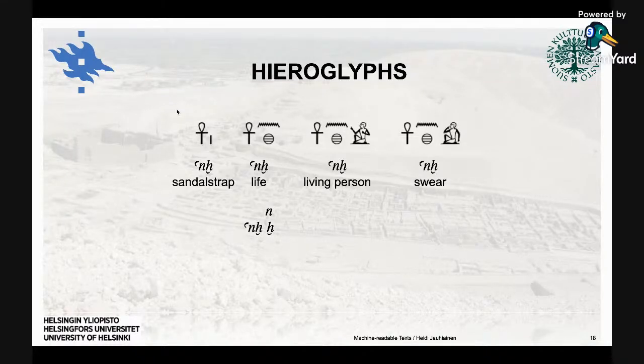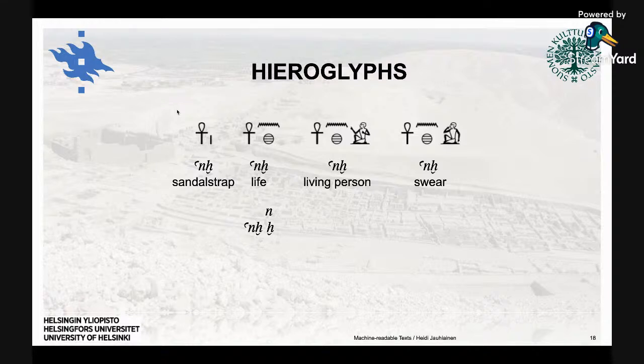But most glyphs also have a phonetic value, and with that, other words with the same consonants can be written. So, because ancient Egyptian is an Afro-Asiatic language, and like in Semitic languages, only consonants and semivowels are used in writing. So the sandal strap sign ankh, which starts with an ayin letter that we just pronounce A, can be used to write the word life.